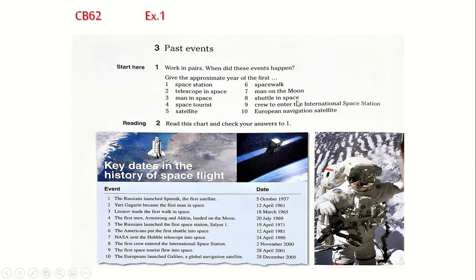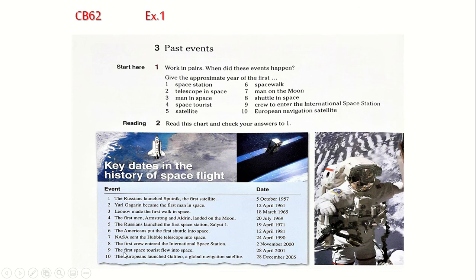The first shuttle in space, 1981. Number 7, NASA sent the Hubble telescope into space. So this is the first telescope, 1990. Number 2. Number 8, the first crew entered the International Space Station on the 2nd of November 2000. So this date should go to number 9.